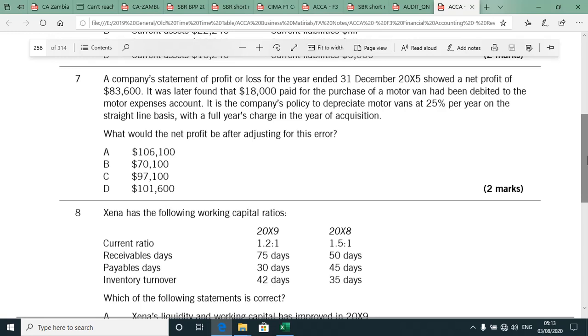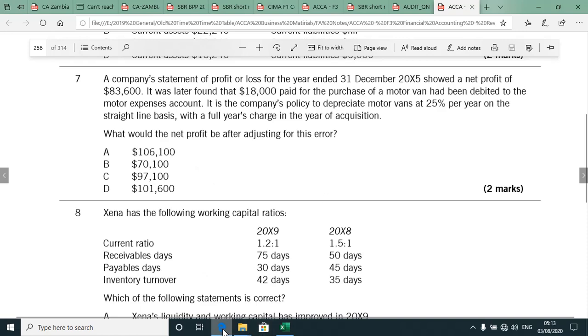What would be the net profit for the year after adjusting for this particular error? So this is coming out of depreciation, of course, and there's an error that we need to correct.